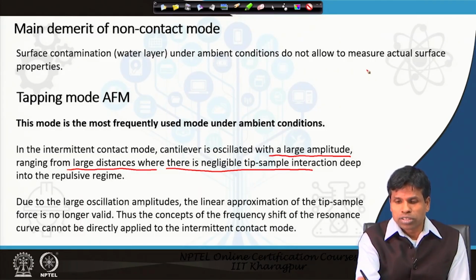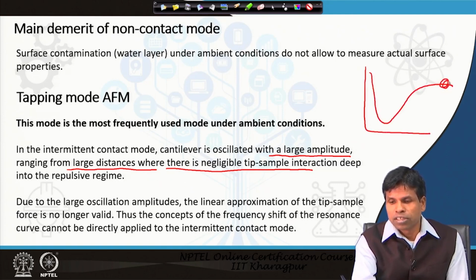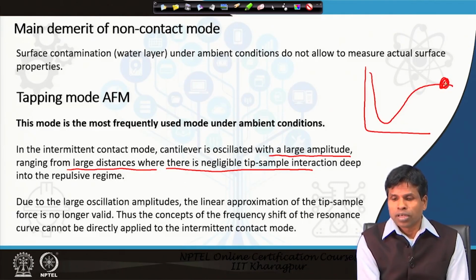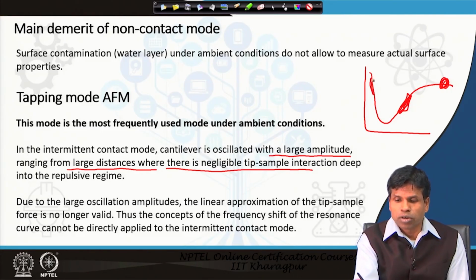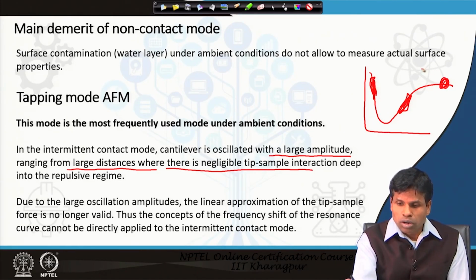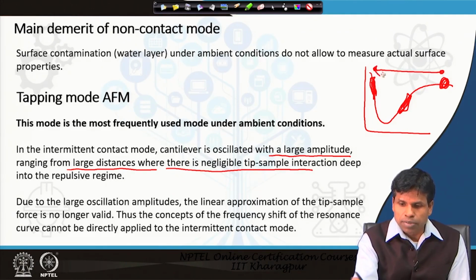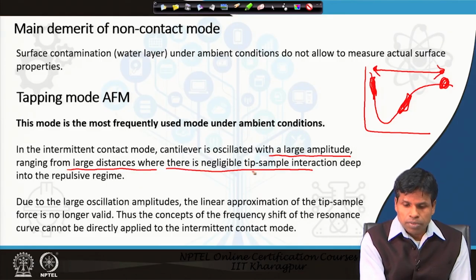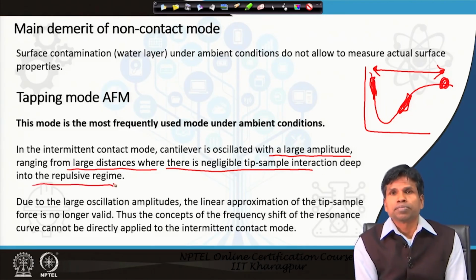So, in the force versus distance curve, here there is no interaction, here there is attractive interaction, and here there is repulsive interaction. Now the tip or probe has to go from this region to the repulsive region. It goes from negligible tip-sample interaction deep into the repulsive regime.